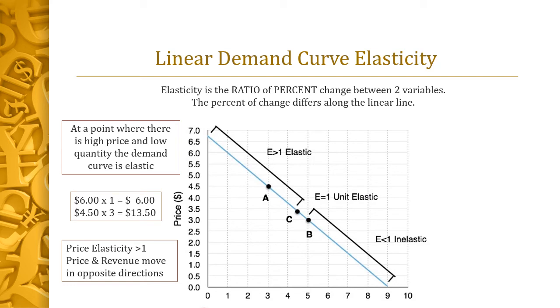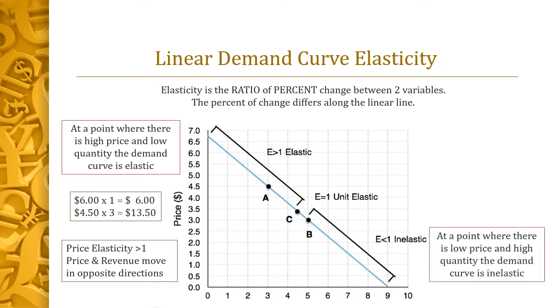We can take a look at the $4.50 mark here, this A mark, and we can see that we would sell 3 items, and we know how to get total revenue: $13.50. Well, notice price went up to 6. There's your 6. We're only going to sell 1. Price went up, but our revenue went down. We went from $13.50 to only $6. So yes, price and revenue moved in opposite directions when we were in an elastic area.